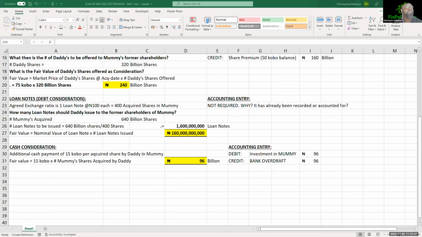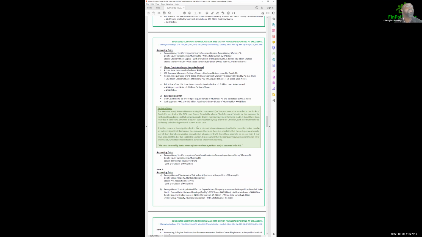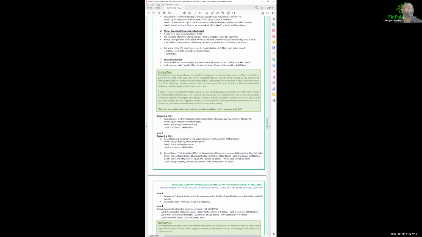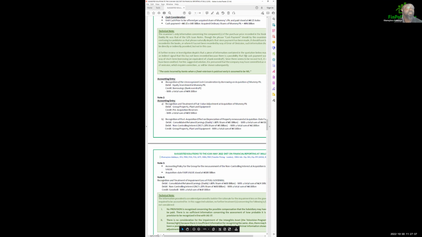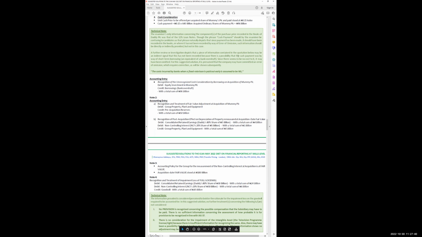Technical note here. Who will volunteer? Can somebody volunteer? Okay, I'm coming. Let me enlarge it. Yes, sir. The technical note is the examiner's only information concerning the components.